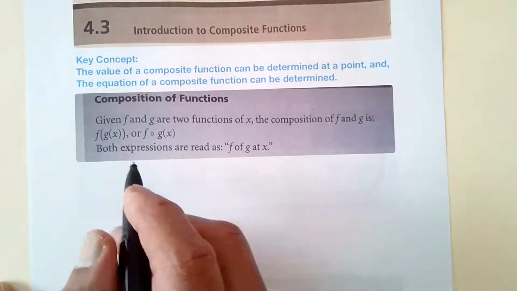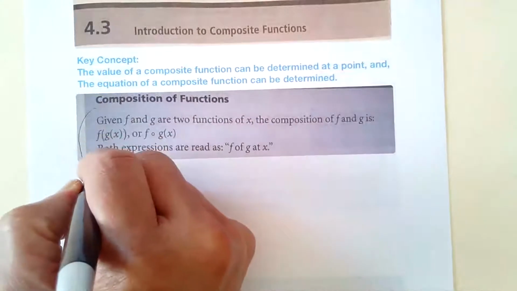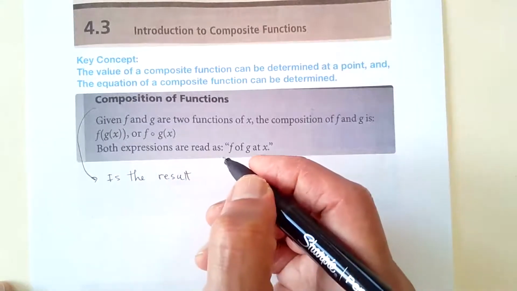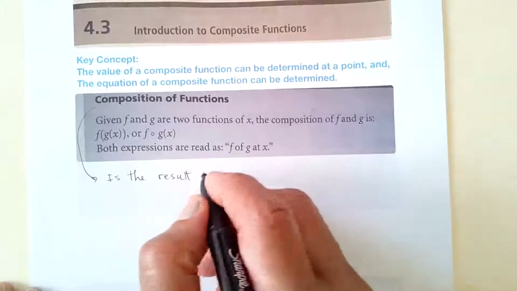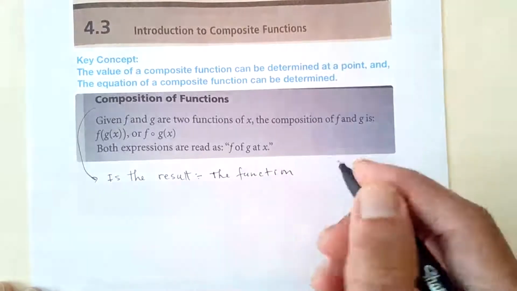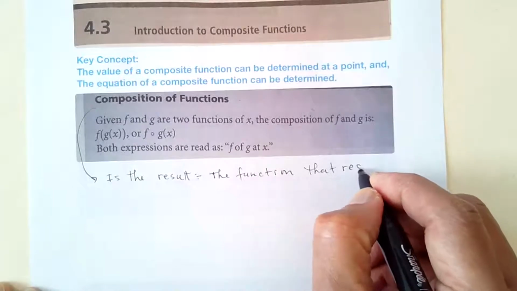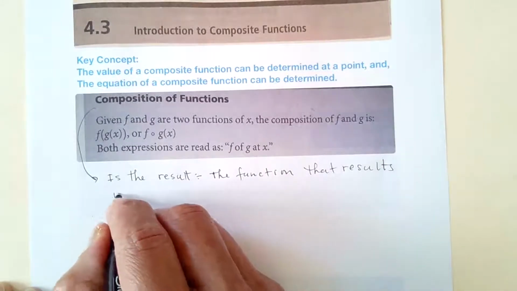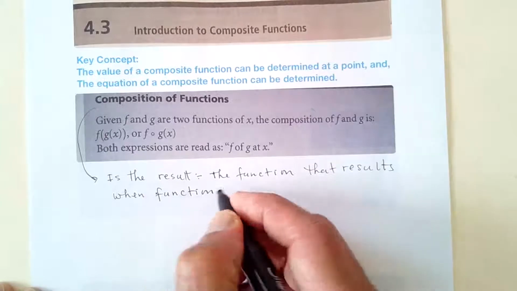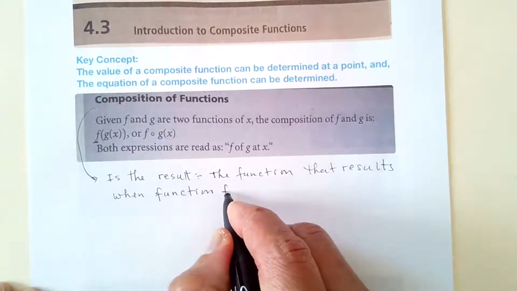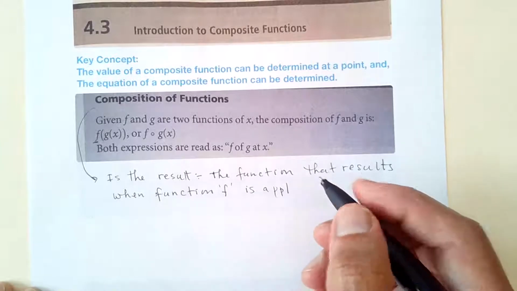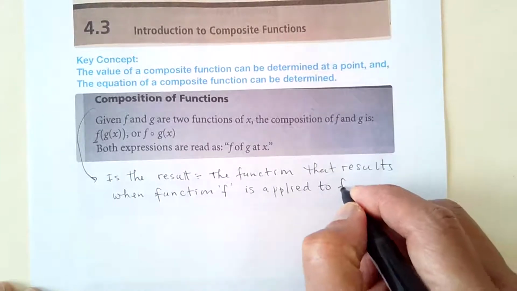In other words, a composite function is the function that results when function f, in this case function f, is applied to function g.